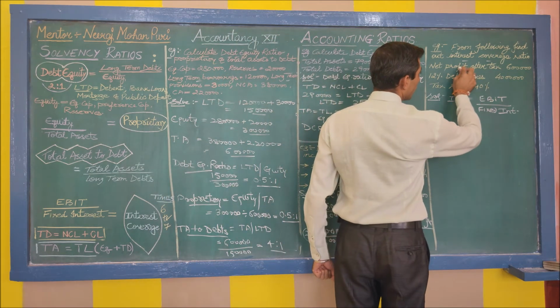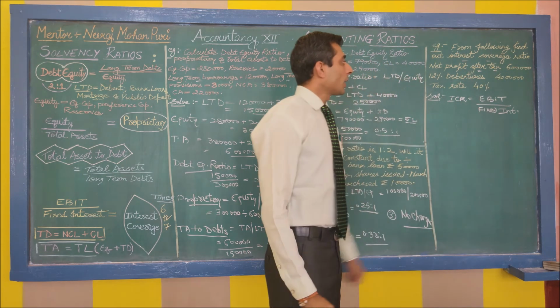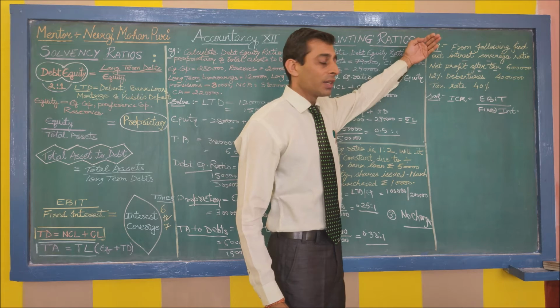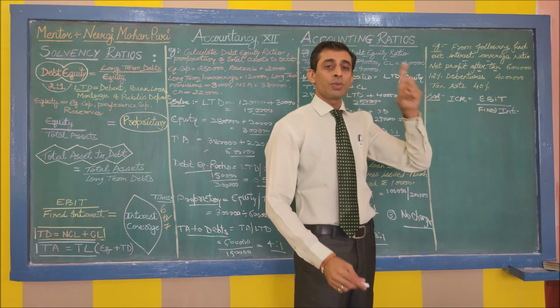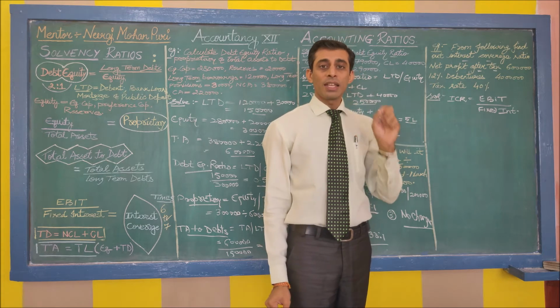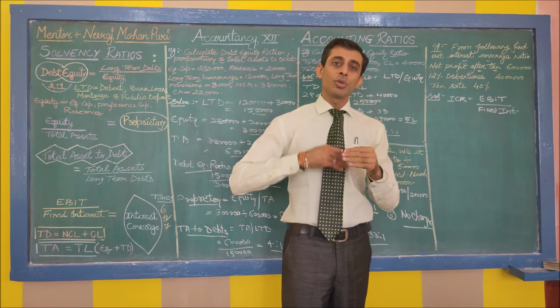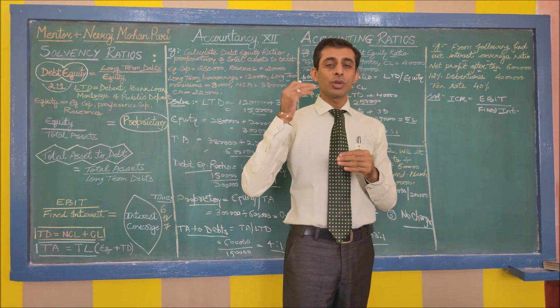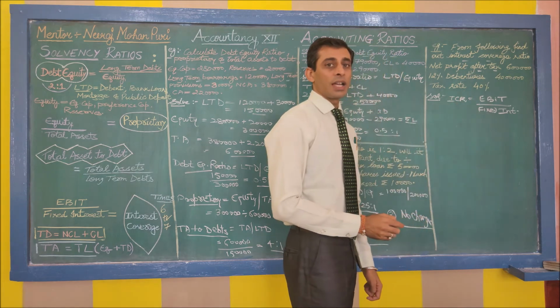The profit which is given to us in the question is given after tax, but we want to go back, and in this profit, net profit after tax, इसमें से tax भी minus है and इसमें से interest भी minus है. Therefore, we have to add back interest also as well as tax in this to arrive at EBIT.